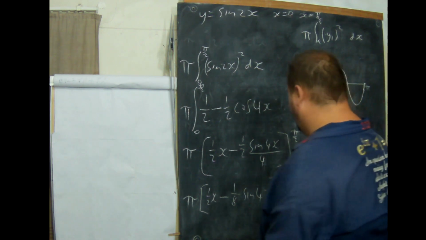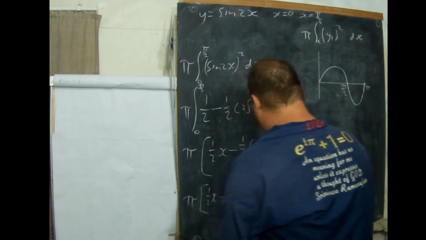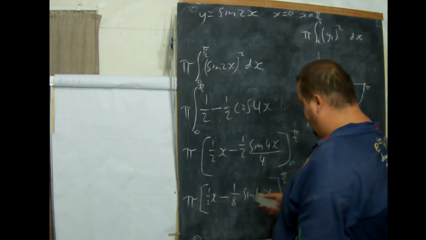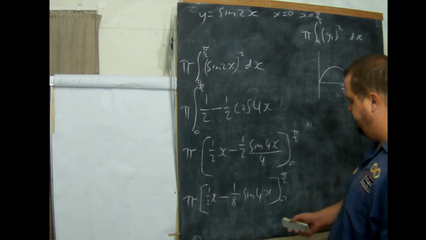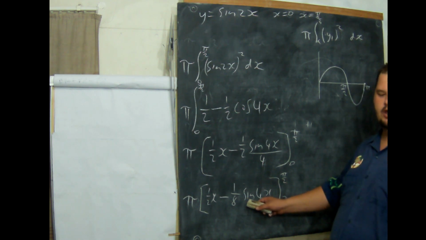Now what we can do is, because it's 0, and 0 times anything will be 0, especially sine. Whenever there's a 0 associated with sine, you know that number is going to be 0.